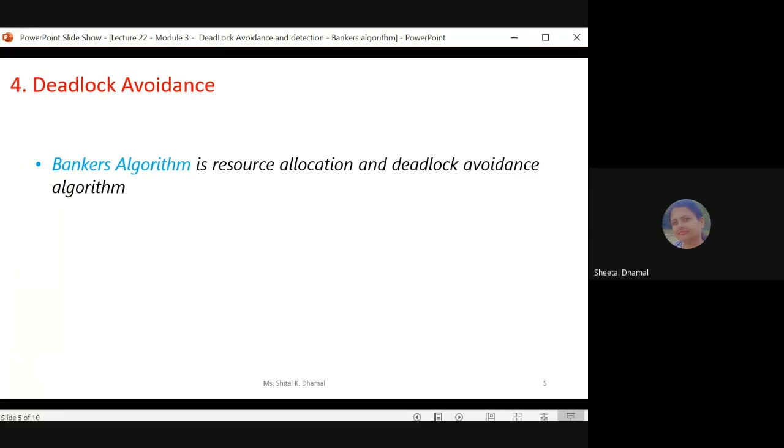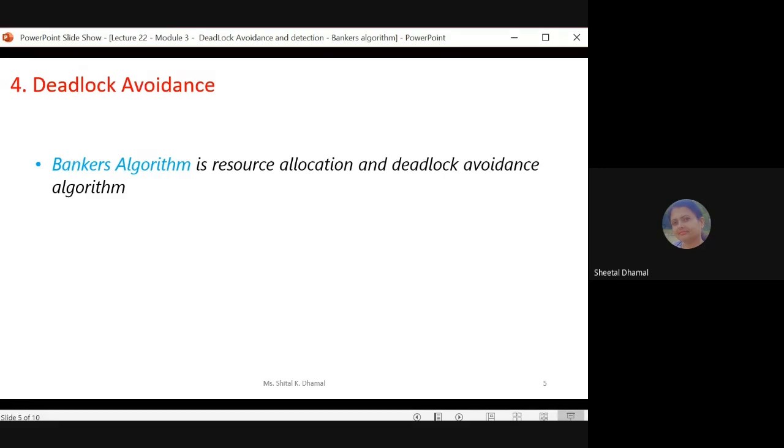In other words, the bank would never allocate its money in such a way that it can no longer satisfy the needs of the customers, and the bank always tries to be in a safe state. So this mechanism is used by the banker's algorithm to avoid deadlock.